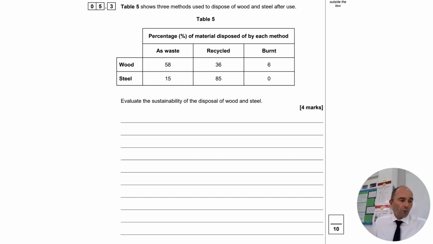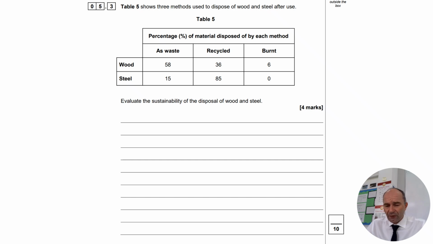Now, what you need to do is be talking about the implications of how each material is dealt with. So straight off, less steel is wasted than wood. There's your first point, which means that less space is going to be taken up by landfill by doing that.